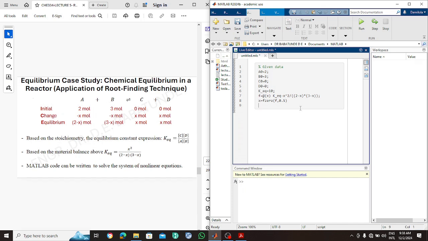So at equilibrium, what is our concentration? Based on the material balance we set up, x equals fzero is going to give us the value of x. So for each of the species, what is the concentration at equilibrium?